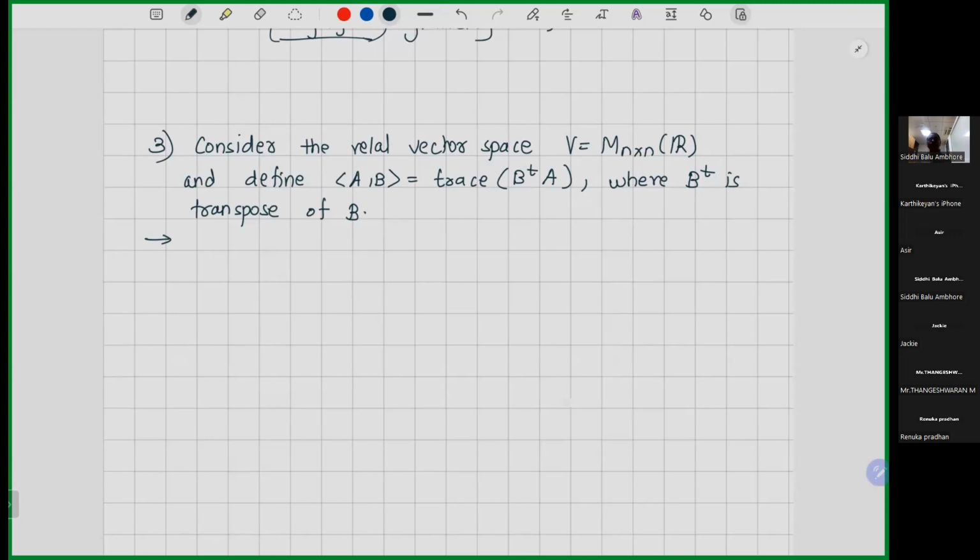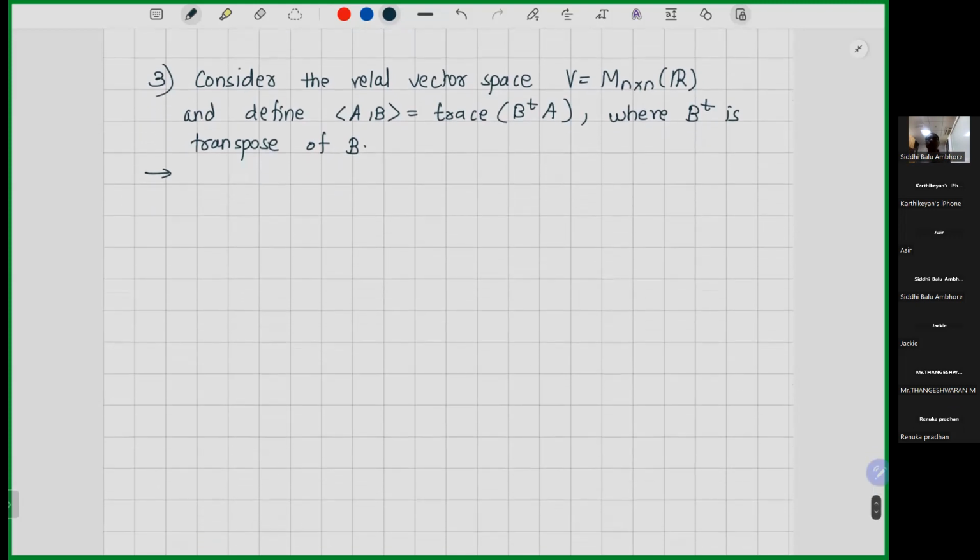So any guess whether this map will give us an inner product on the space of n cross n matrices? Yes, it should, as per the definition, trace of BA. Yes, so let us prove this quickly.